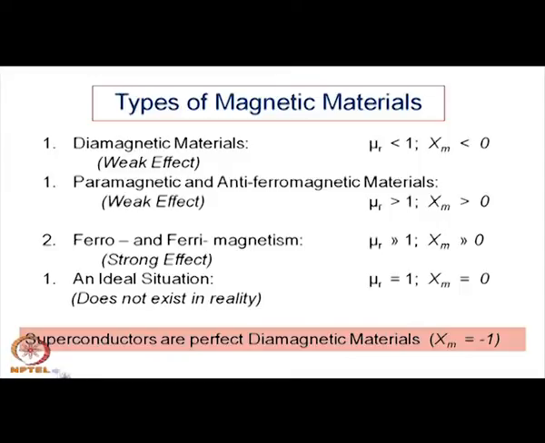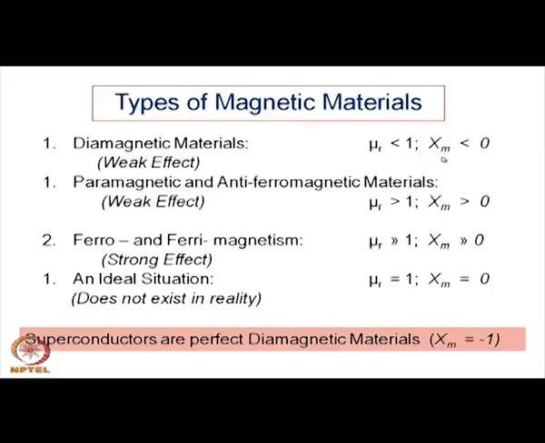These are 3, in fact 3 different groups, but they have subgroups. We will discuss them in detail. So, the first group is diamagnetic material. A weak effect, that means their response to the external magnetic field is fairly low, they do not respond too strongly.